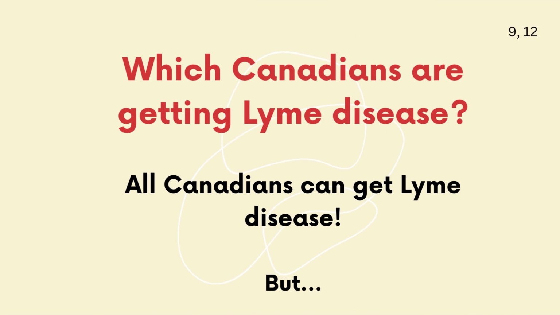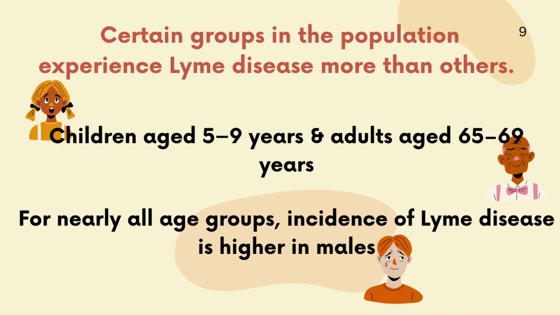So which Canadians are getting Lyme? Well, risk of Lyme is not only influenced by where you are, but also who you are in Canada. All Canadians are at risk of Lyme disease if they come into contact with an infected tick. However, certain groups within the population experience Lyme more than others. From 2009 to 2019, it was observed that children aged 5 to 9 years and adults aged 65 to 69 had the highest incidence rates of Lyme.